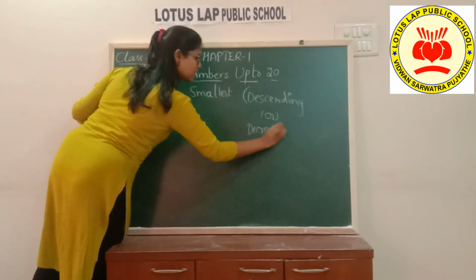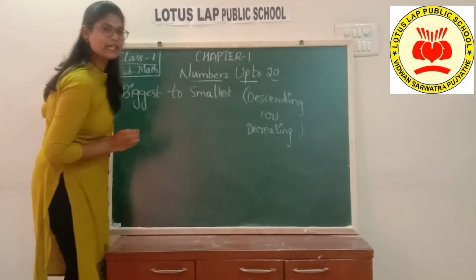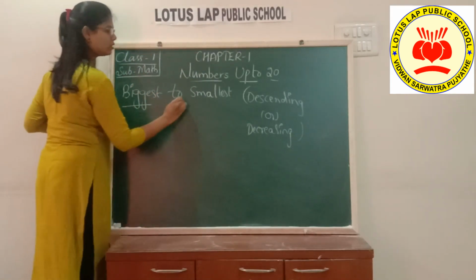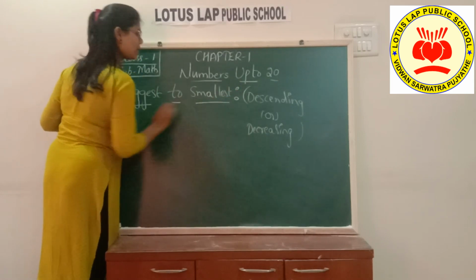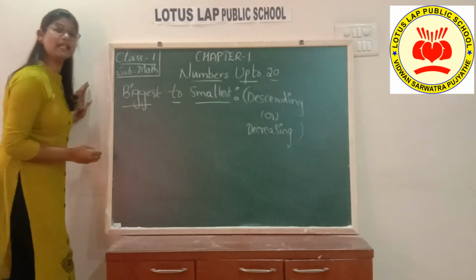Okay? It is called descending order or decreasing order. Writing numbers from biggest to smallest, it is descending or decreasing order.